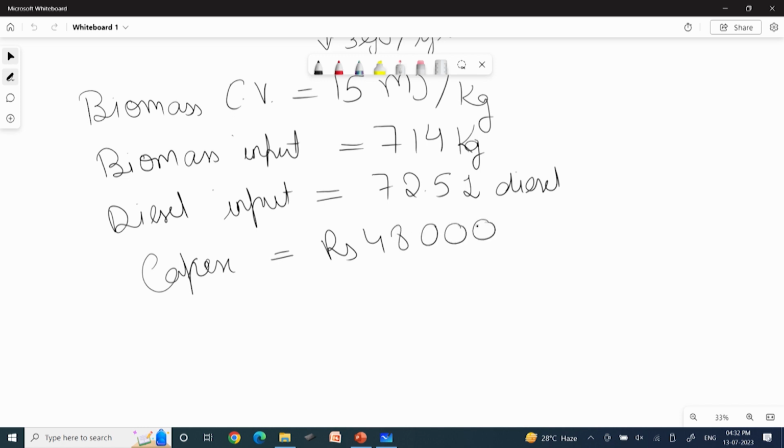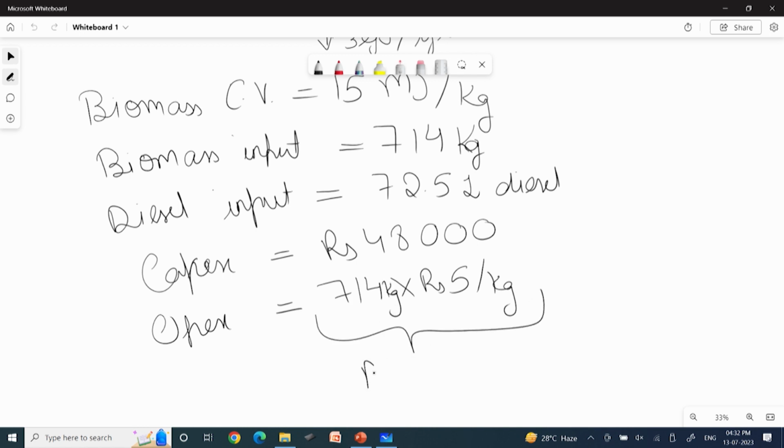So this seems to be on a higher level, whereas if I go with the OPEX, the OPEX would be almost 714 kgs of biomass, and if I assume a typical value of 5 rupees per kg, this is for biomass, and I add it with the amount of diesel that is required. So I am assuming 90 rupees a liter of diesel.